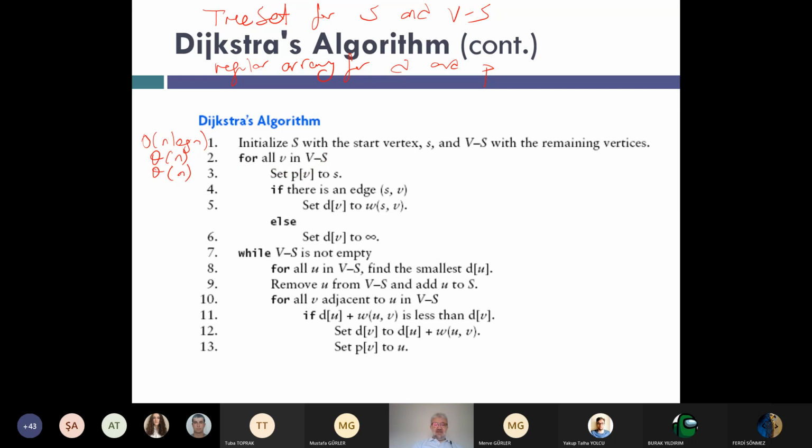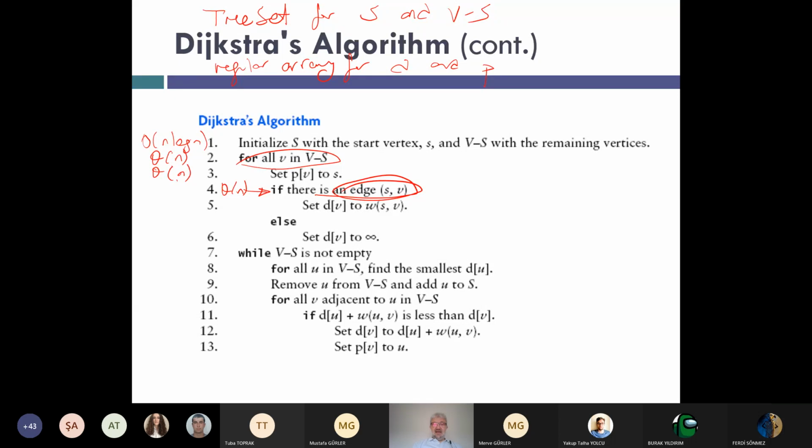So for n minus 1 vertices, we have to set the p value. And this if statement will be executed theta n times in this for loop, but it checks whether there is an edge between S and B, right?